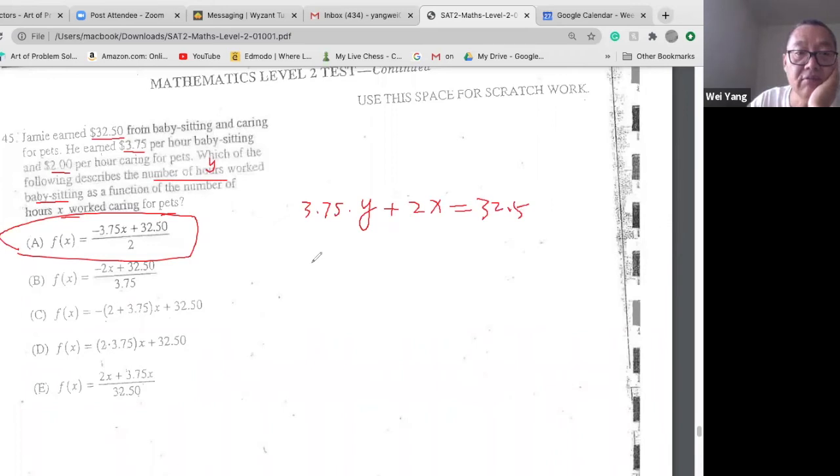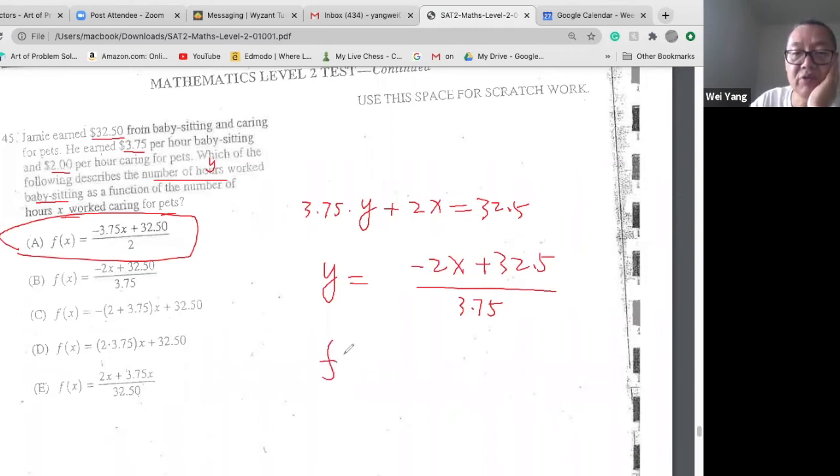Then we need to solve y from this equation. We get negative 2x plus 32.5, then divided by 3.75. This gives us the number of hours worked babysitting as a function of the number of hours worked caring for pets.